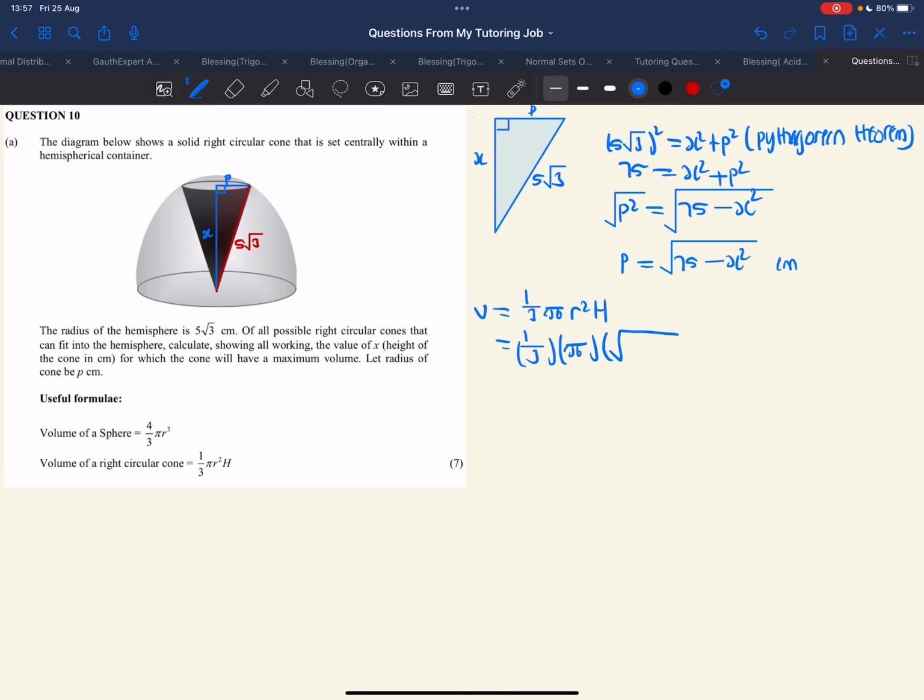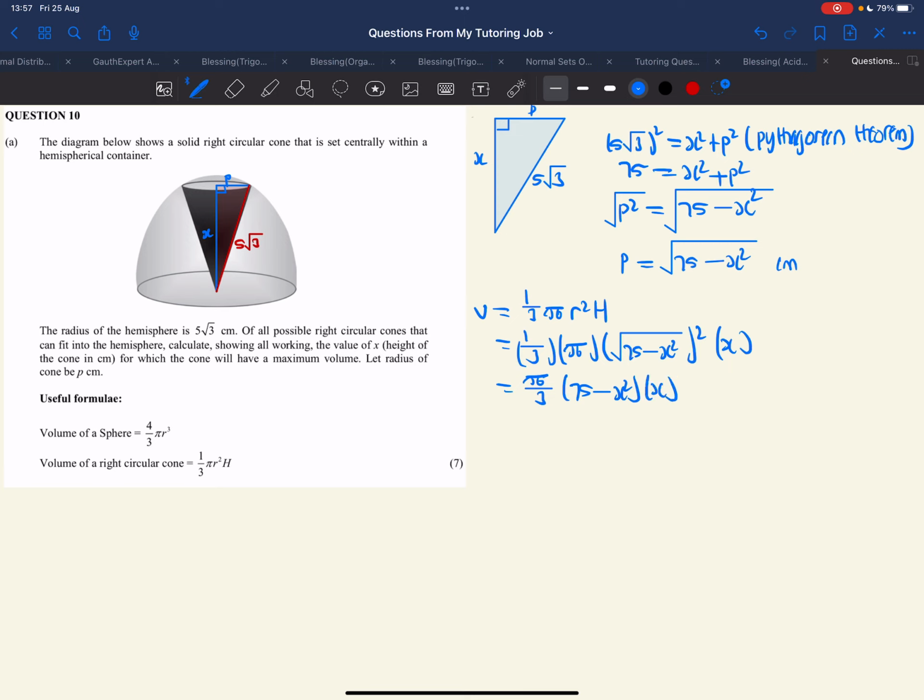If you had to say the square root of 75 minus x squared, all squared, and remember your height we are given as being x, it's basically going to be pi over 3, and if you square a root, you just get 75 minus x squared times x.